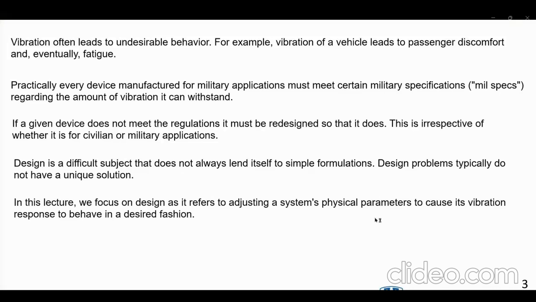Now, in this lecture, we will focus on design when it refers to adjusting system physical parameters to cause its vibration response to behave in a very systematic and desired fashion. So obviously, you must have a fairly good idea of what is desirable, what are the criteria that our designs must meet.